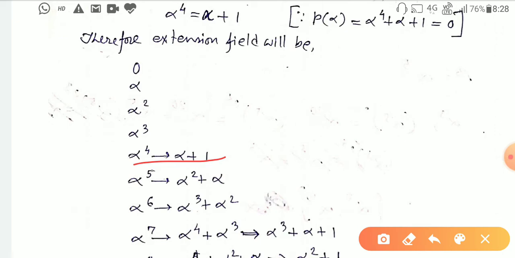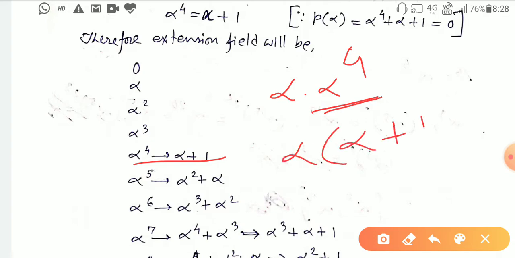So alpha 5 can be written as alpha multiplied by alpha to the power of 4. For alpha 5, we put the alpha 4 value, so it will be alpha into alpha plus 1. If you multiply these two, the result will be alpha square plus alpha.